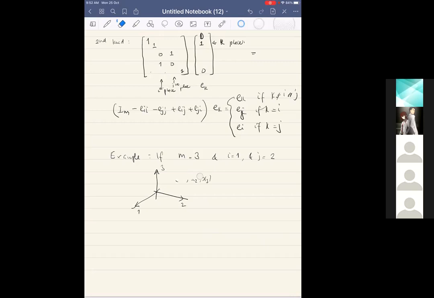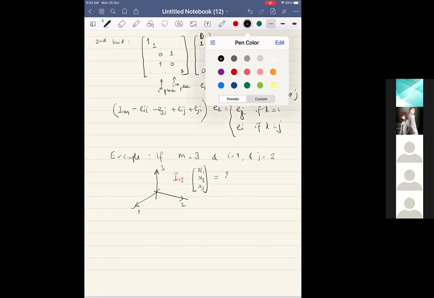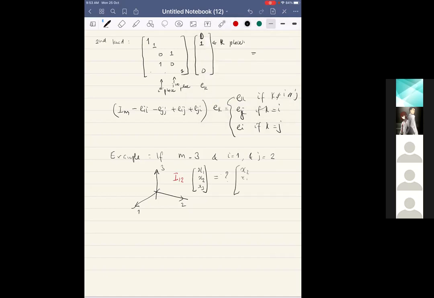Let me write it like a column vector, x1, x2, x3. Now if I act with this matrix, so let me call this matrix I_12, what will this do? It interchanges the first and second entry. It will give you x2, x1, x3.